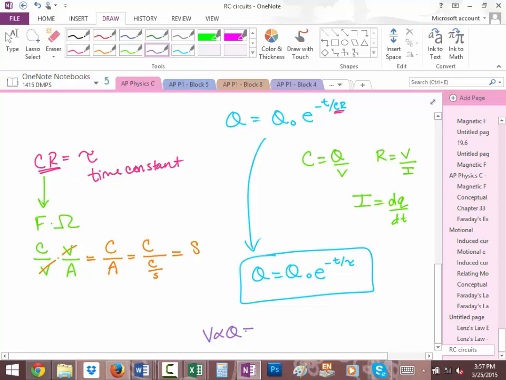Voltage is proportional to charge, and capacitance is the proportionality constant. So we can write this equation again in terms of voltage. The voltage across the capacitor at any given time is equal to the initial voltage times e to the negative t over tau as well.